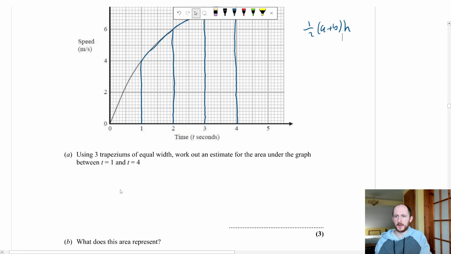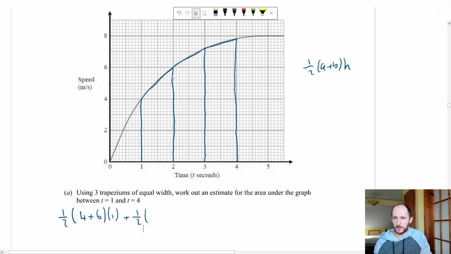Okay, let's just do it normally. So we have a half for the first one. A, well, it goes up to 4. Plus, well, this one goes up to 6. And it's technically times by 1, but obviously we're not going to actually do that. Plus, half again. And this one goes up to 6, and the other one goes up to something else.